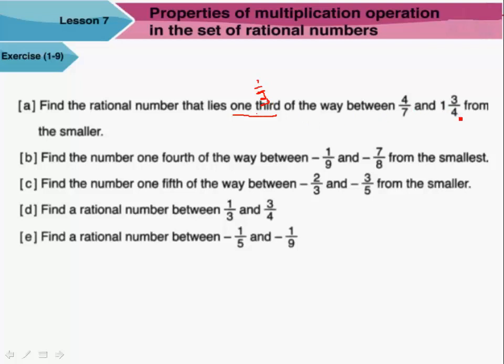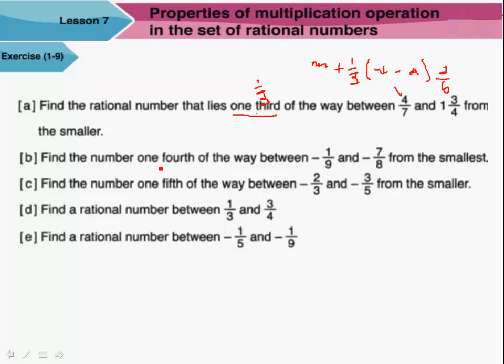Okay, as I told you, put these rational numbers in the form of A over B and make the same denominator for both rational numbers and get the smallest one. So you will add something to the smallest number, which is the smallest number plus 1/3 times the difference, the big number minus the small one. The same way which we followed before.